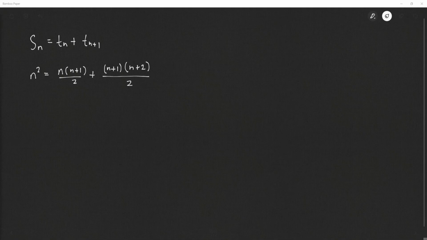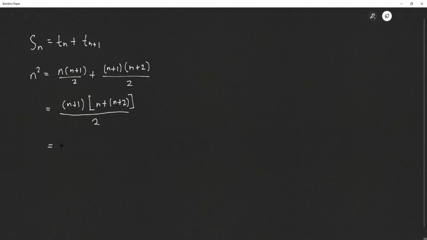So now we can see that they have the same denominator, so we're able to factor out one of the n plus 1s. So we get n plus 1 multiplied by n plus 2, and we're going to divide this all by 2.